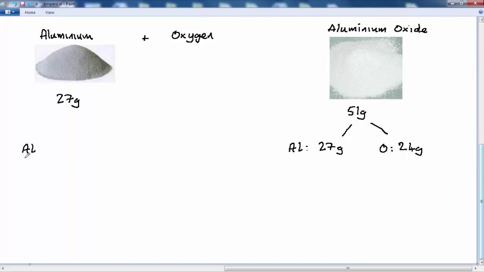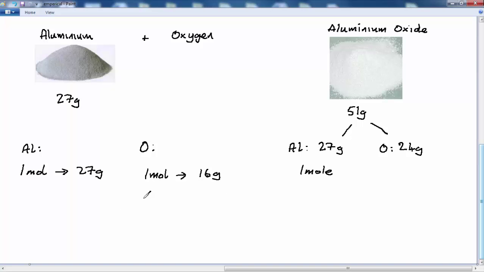So first of all, we'll do this for aluminium. Well, in this case, this is easy. We know from the periodic table that 1 mole of aluminium weighs 27 grams, so we don't need to do any calculations here at all. We can see directly that if we've got 27 grams of aluminium, there must be exactly 1 mole of aluminium atoms present. So we can write here 1 mole for aluminium, and then for oxygen, well, we know that 1 mole of oxygen from the periodic table has a mass of 16 grams.